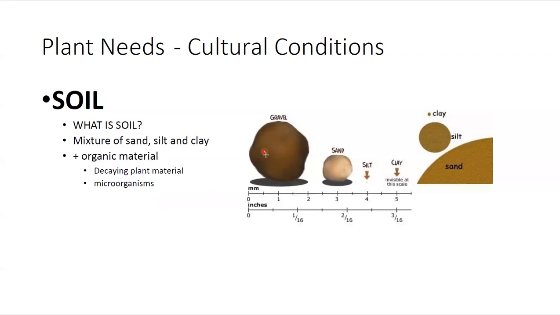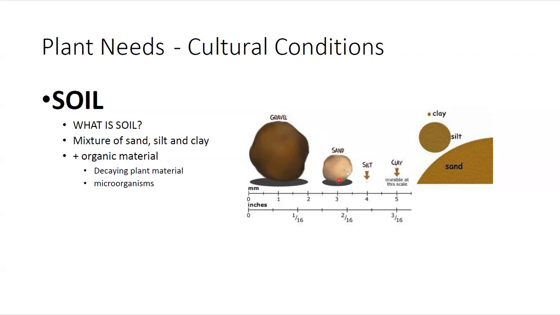So if you look at the different sizes here, okay, gravel, of course, is large. It's considered more of an aggregate than a portion of the soil. The mixture of sand, silt, clay, relative. Okay, so this gives you a relative size idea of what's actually in the soil.